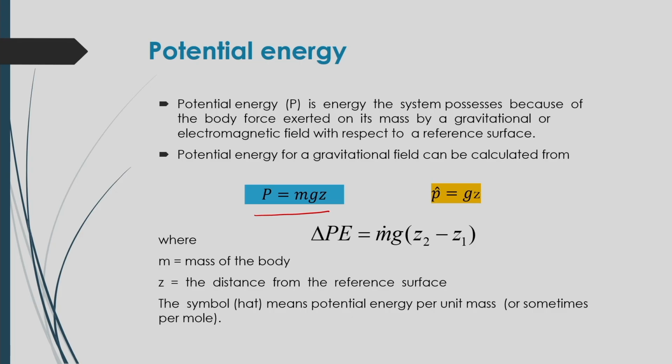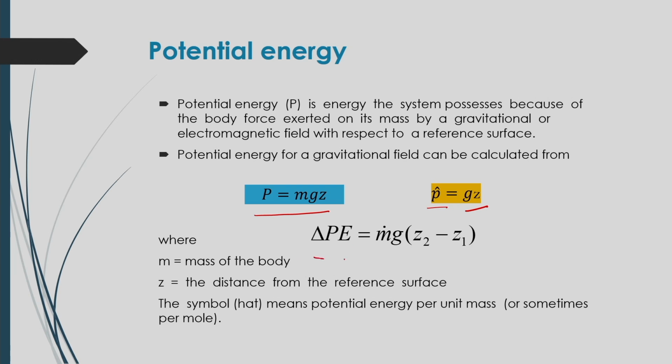And the specific potential energy is P hat, basically the potential energy per unit mass, and it will be coming as simply g z.